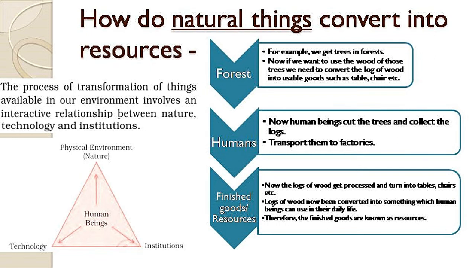So human beings form a very central part of all this process. They first of all identify the things which can be converted into a resource which can fulfill their needs. Then they get involved in the process of conversion. Finally, the raw materials get converted into what we call resources.